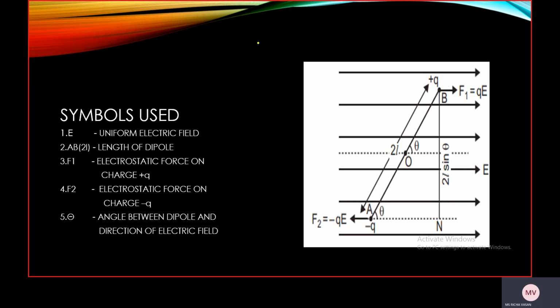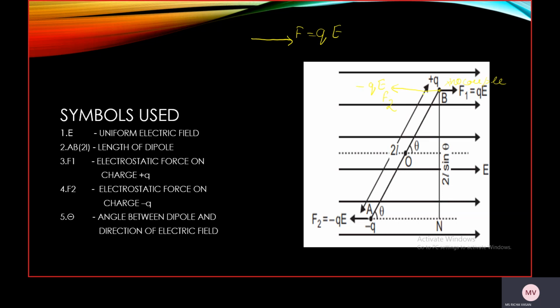For example, if the force F1, which is equal to QE, was having this line of action and the force F2 was also having the same line of action like this, then these forces would have cancelled out each other and no couple would have been found, right? Why?